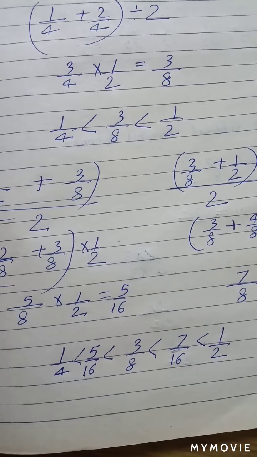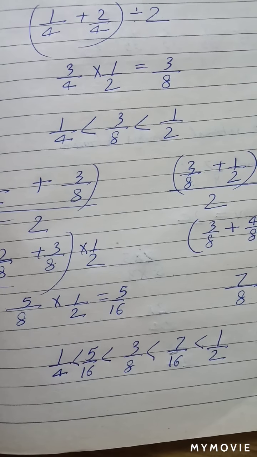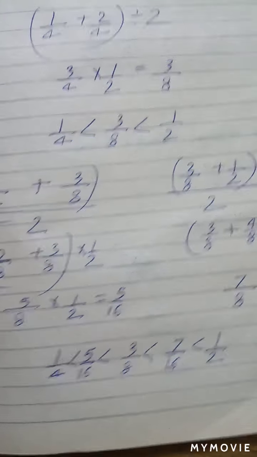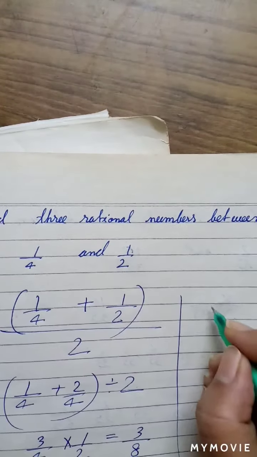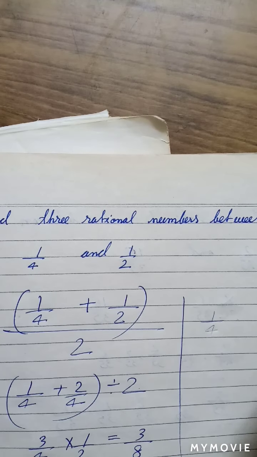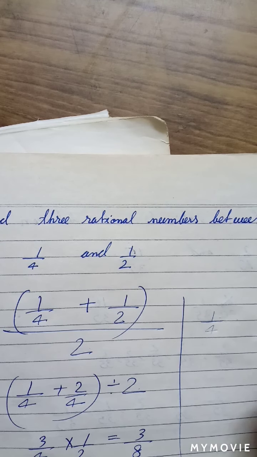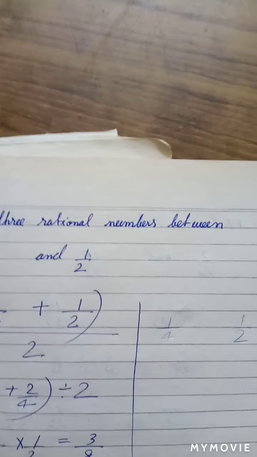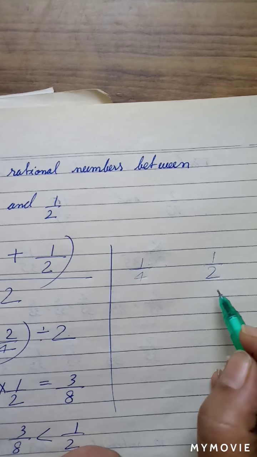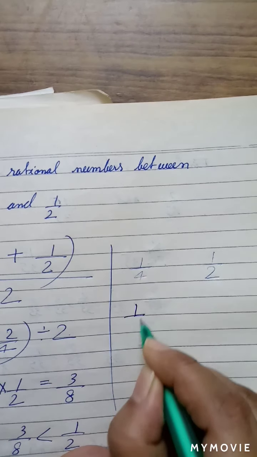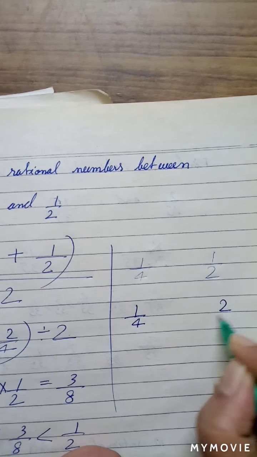If it was about 3 rational numbers, we could have found them by the other method. We could have done it like this. We have 1 by 4 and we have 1 by 2. Make the bases same. This is 1 by 4, make it 2 by 4.